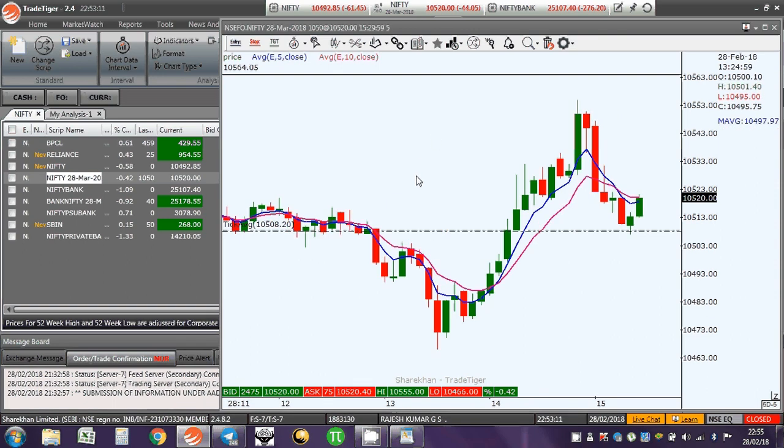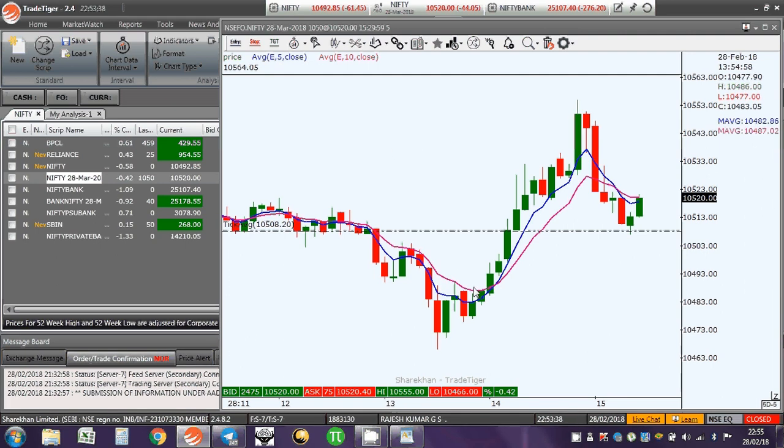So crossover, what is crossover? 5-minute moving average crossing over 10-minute moving average. Least EMA crossing the highest EMA. For example, 5 and 10, so 5 should cross over 10. If it is 10 and 20, 10 should cross over 20, like that.